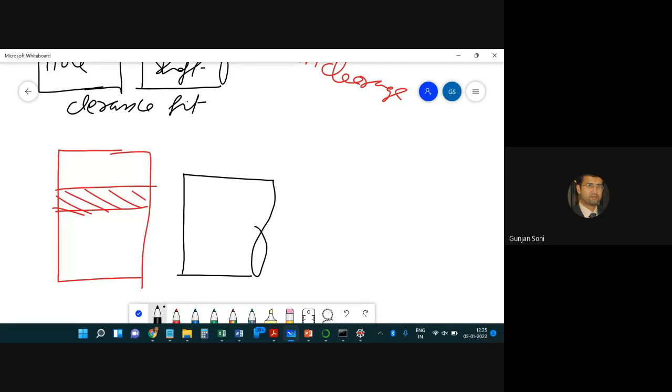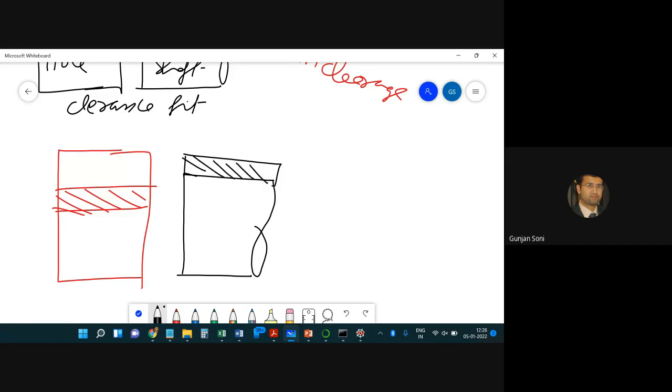If we have to see the interference, that means for any combination of dimensions, our shaft should never go inside the hole without pressure. I'm making an exaggerated figure over here anyway.